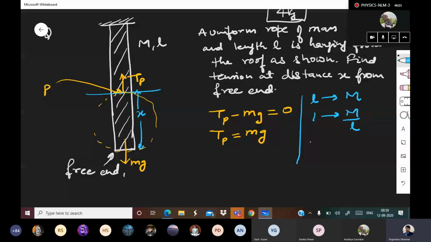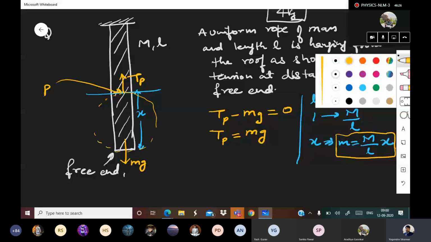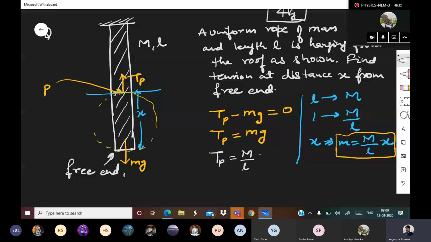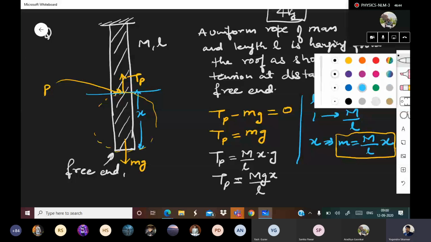That gives us Tp is equal to M by L into x into g, so Tp is equal to Mgx upon L.